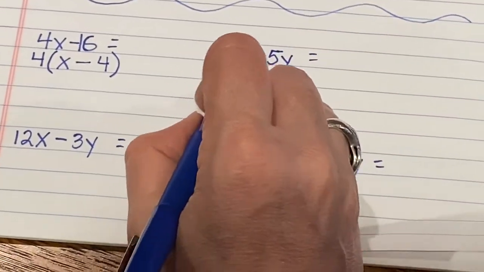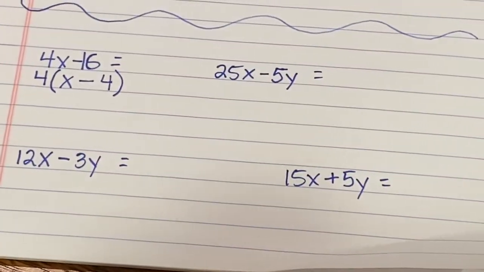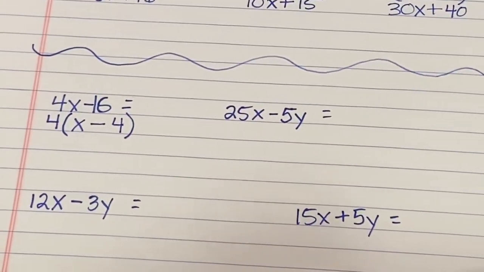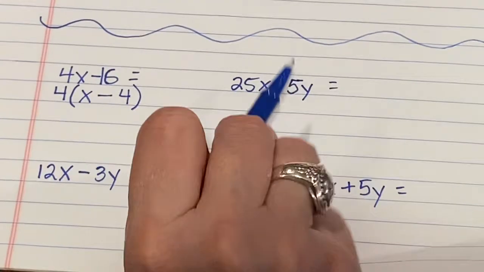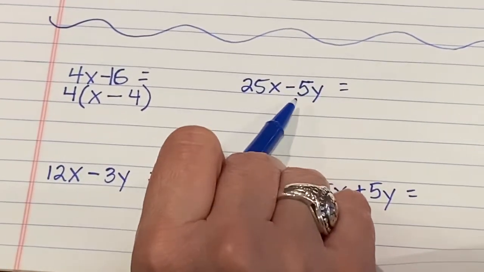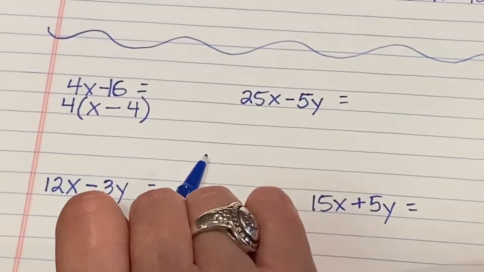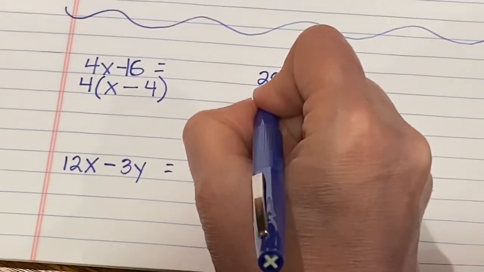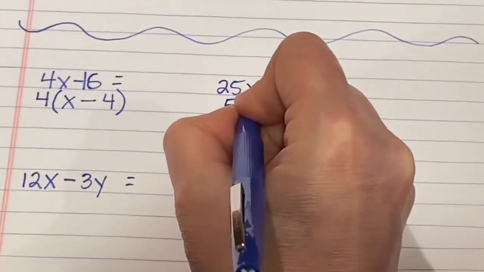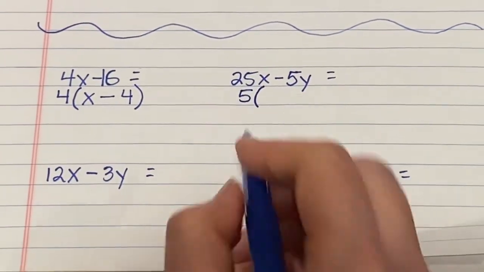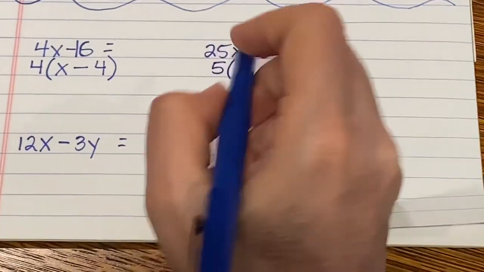This is 25x minus 5y. I've got 2 variables in this one. That's fine, it works the same way. I'm going to look at the coefficient for the 2 variables. I've got 25 and 5, and I'm going to notice that 5 is the greatest common factor between those 2. So I'm going to say 5 parentheses.